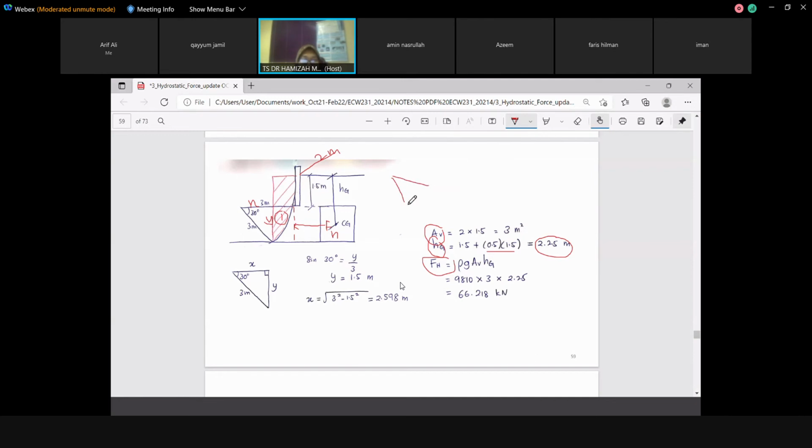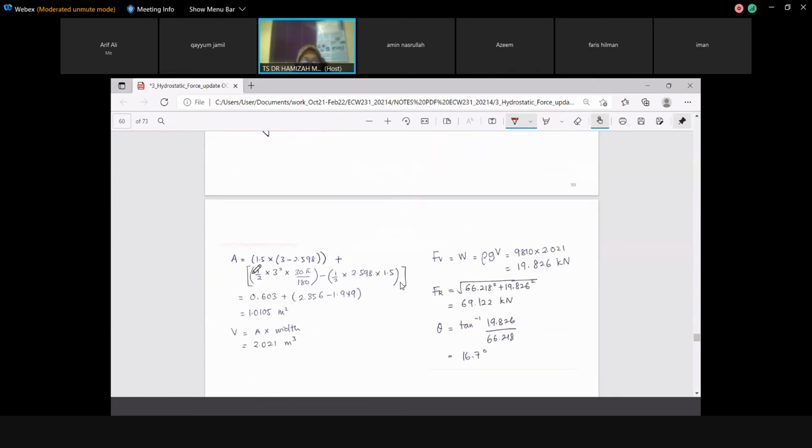Sektor 30 darjah ni berapa luas dia? Okay, when we get the sector for 30 degree ni, and then kita minus dengan segitiga tepi dia. Then only you can get the volume for segment. Okay, so it is shown here.